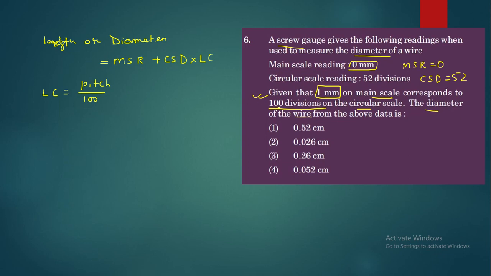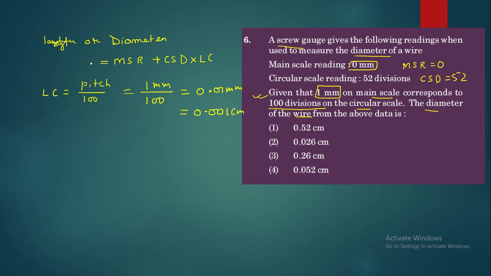If the total number of circular divisions is 100, which I assume, then the least count will be pitch, which is 1 mm divided by 100. So the least count will be equal to 0.01 millimeter. Since the answers are in centimeter, I will convert this into centimeter, which will be 0.001 centimeter.